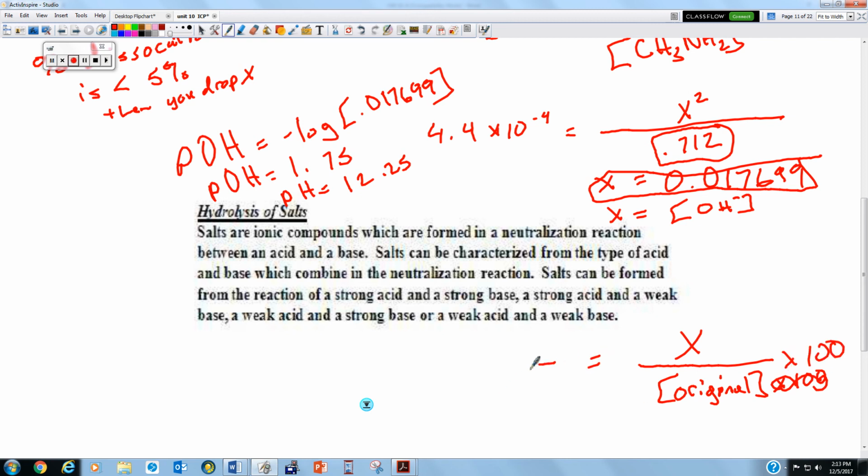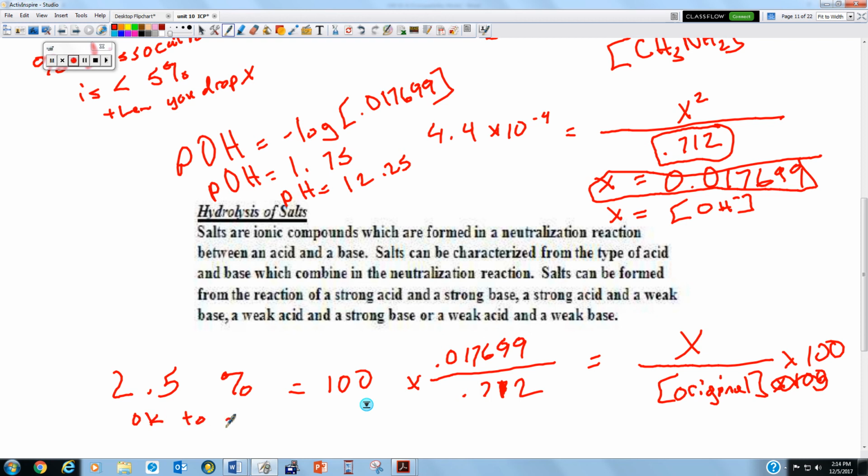When I set that up, I have 0.01769 divided by 0.712 times 100, and that's going to give me a percent. If that percentage is less than 5%, it was okay to leave the X off. So what do we come up with for a percentage? About 2.5%. So it's okay to drop X.